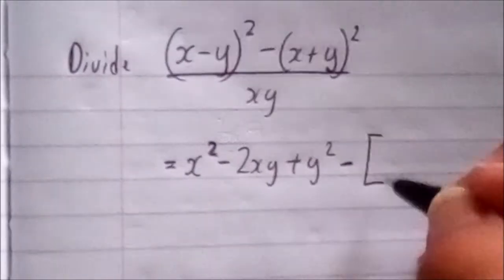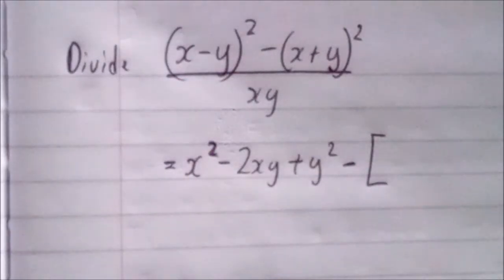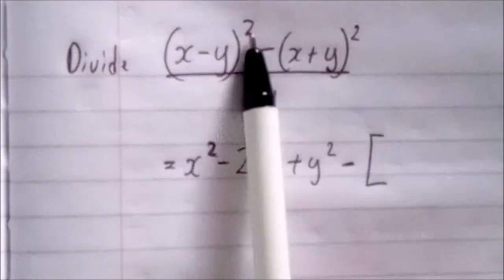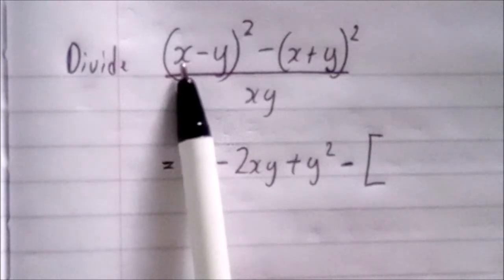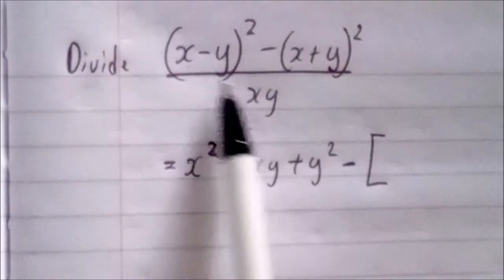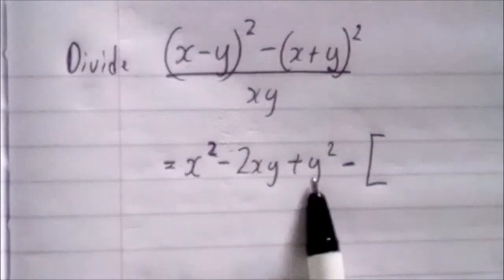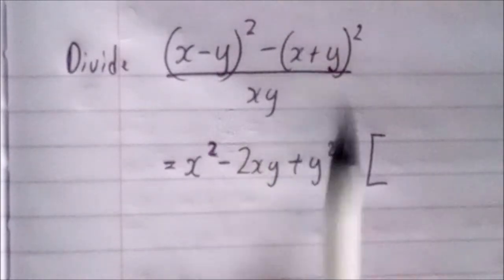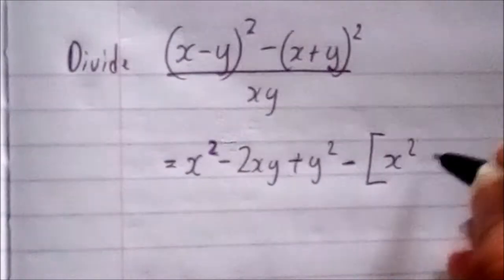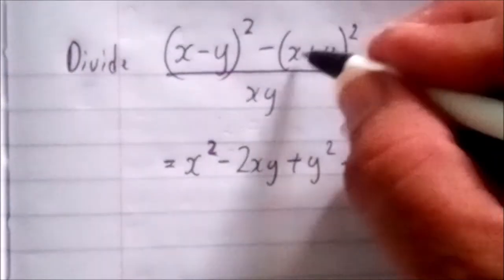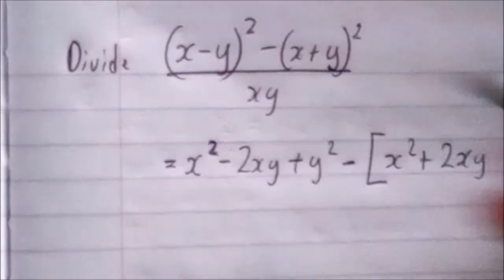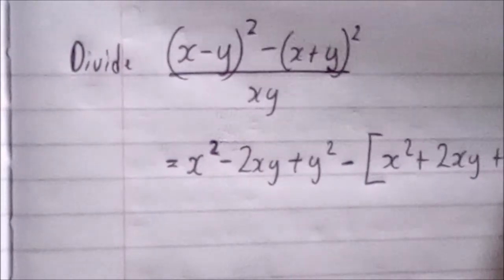Let me go over this piece here. I said the first term squared, and then 2 times x, 2x, times negative y, negative 2xy, then negative y times negative y, positive y squared. So now we put minus open bracket. So x will give us x squared, and then 2 times x times y will give me 2xy, and y squared will give me y squared.